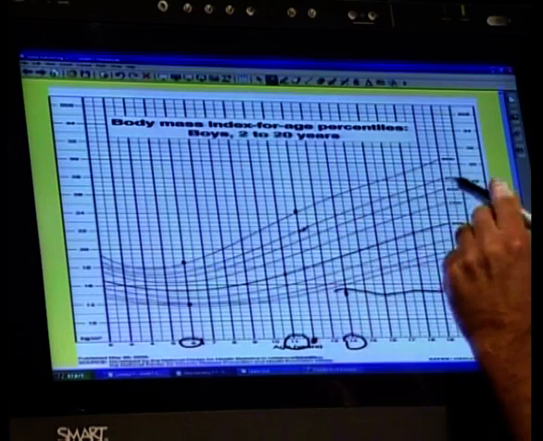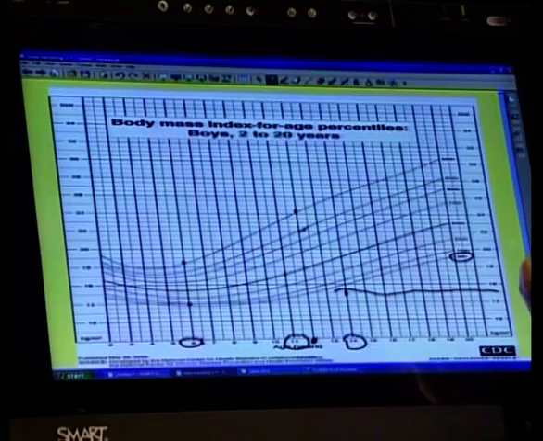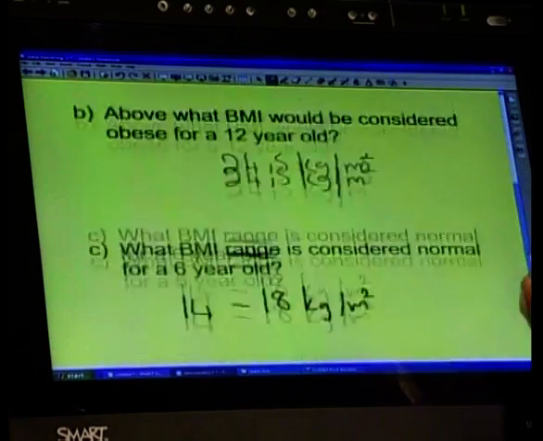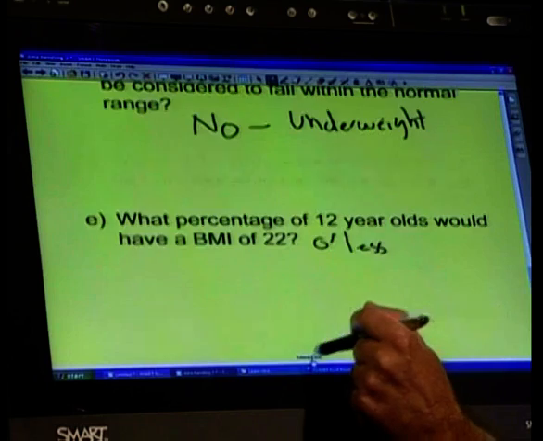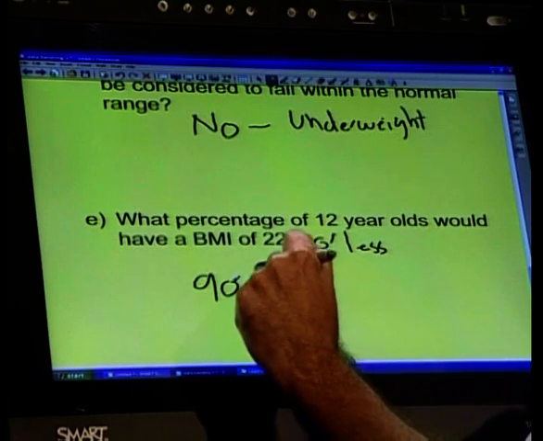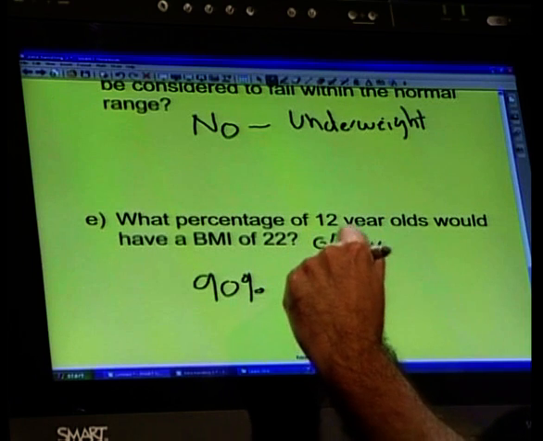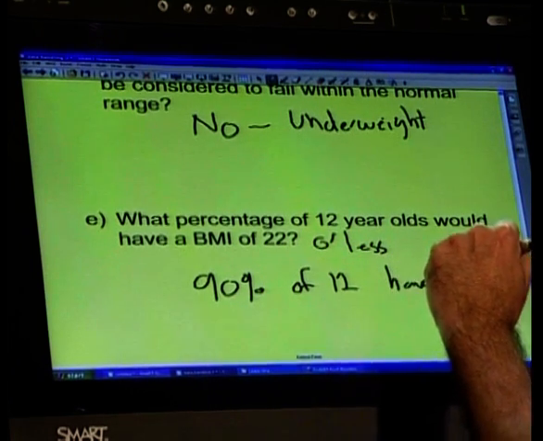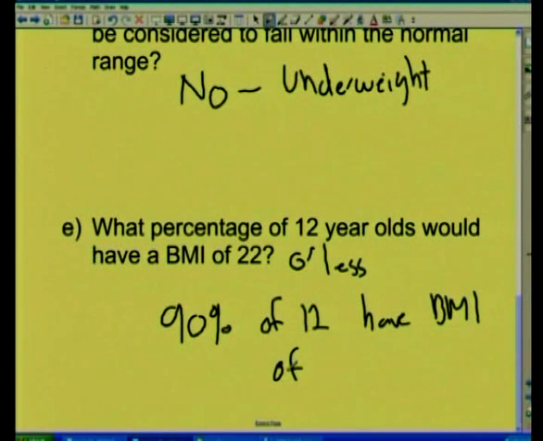And if you look, it's just under the 90th percentile. So we can say with certainty that 90% of 12-year-olds have a BMI of 22 or less. We could say that another way, that only 10% of 12-year-olds have a BMI that is above 22.